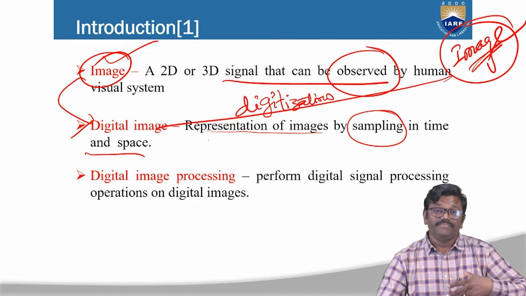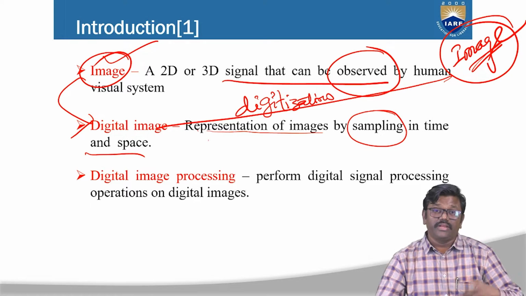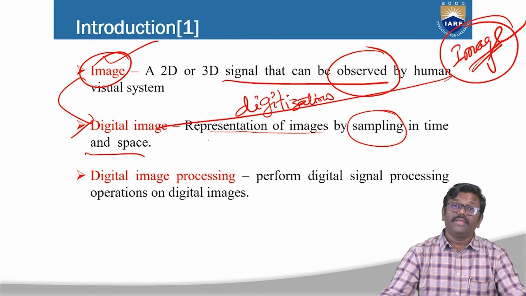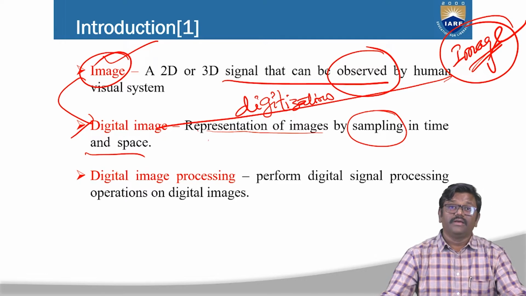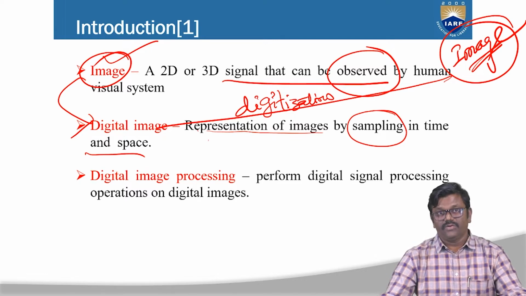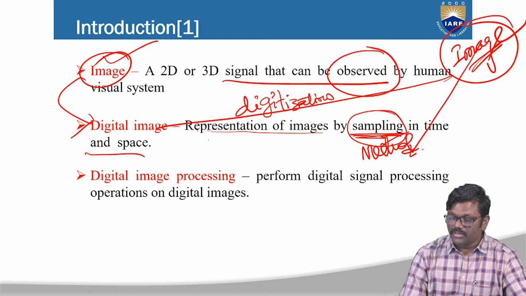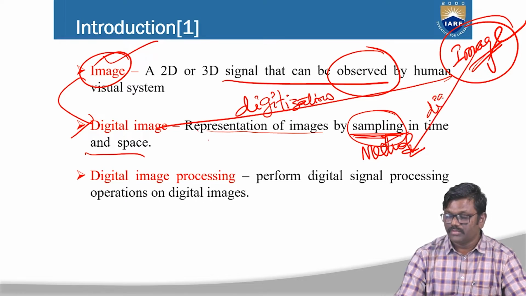I can represent that 2D or 3D image by using sampling in time and space. So sampling is the method we use for converting an image into digitization.